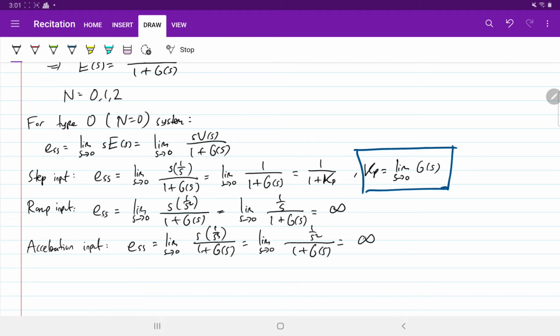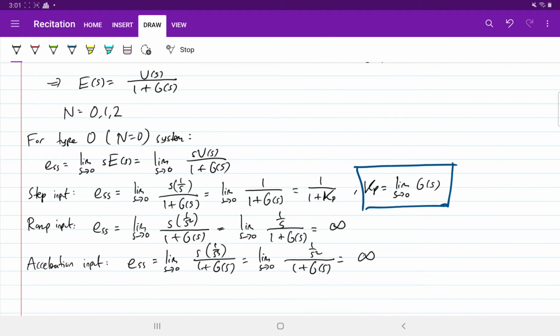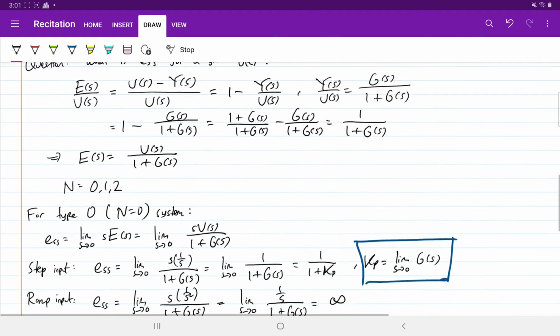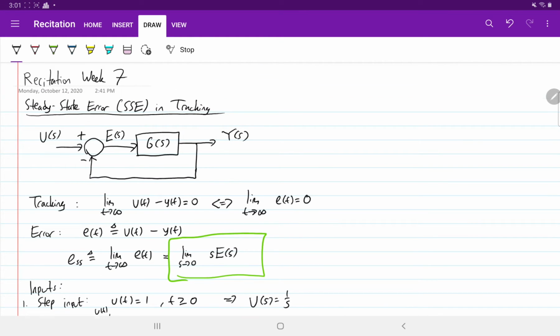But for ramp or acceleration input, then the steady state error is infinity, meaning that the system cannot track input with ramp or acceleration because the error is infinity. So it is impossible to track ramp or acceleration for type 0 system with unity feedback.